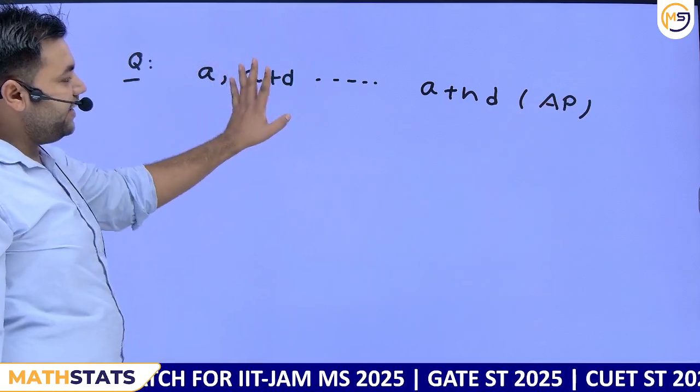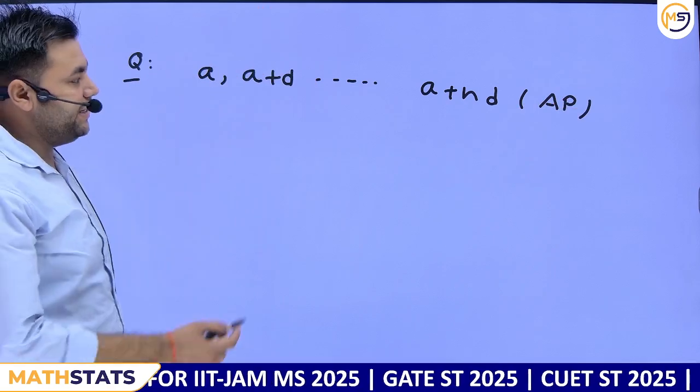So first find this AP series mean, variance, mean deviation, standard deviation.